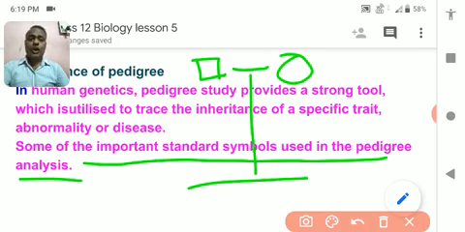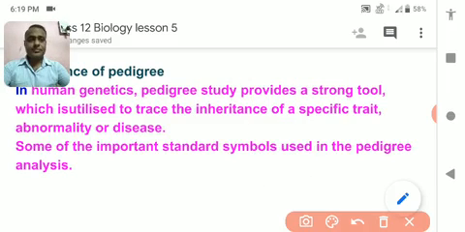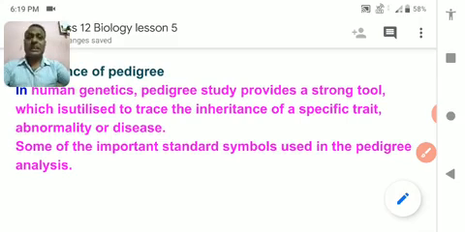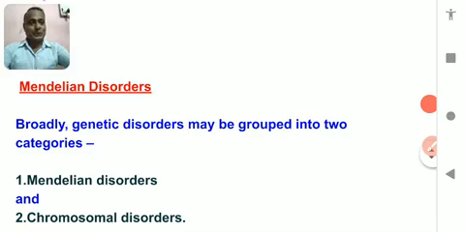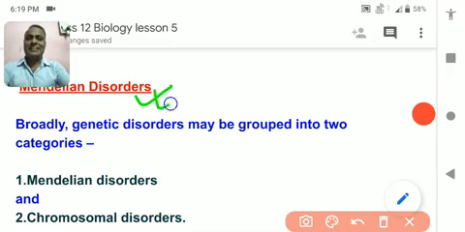So this disorder will move from one generation to another generation if it occurs in any generation, either as a recessive trait or maybe a dominant trait. So these disorders move through generation after generation as described by Mendel. So they are called Mendelian disorders.